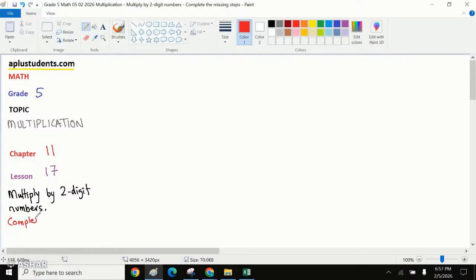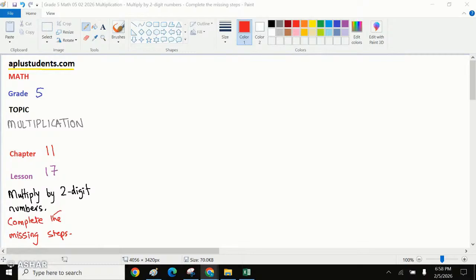That says complete the missing steps. So let's go to the website. That is grade 5, chapter number 11, multiplication, and the lesson.